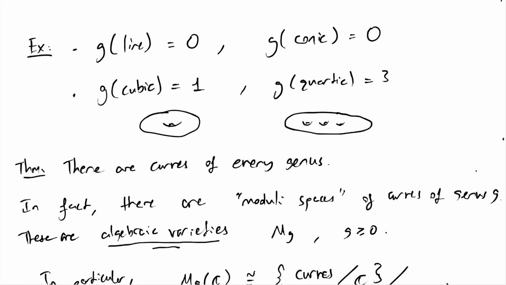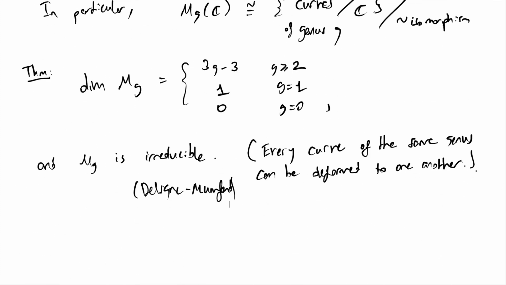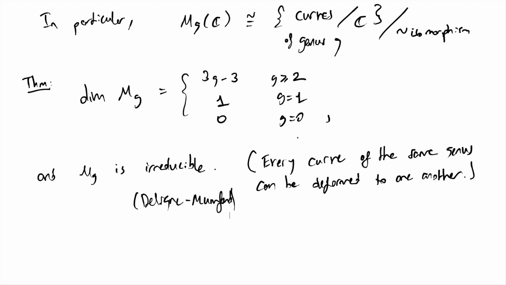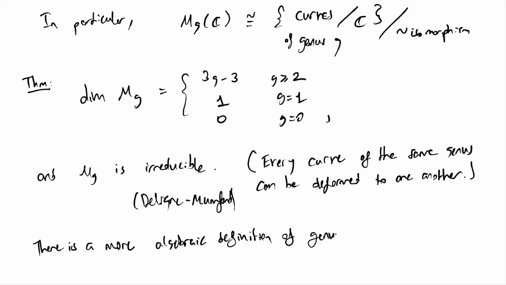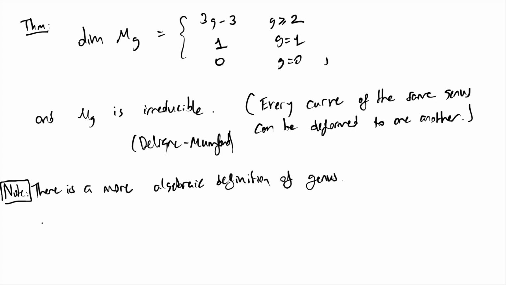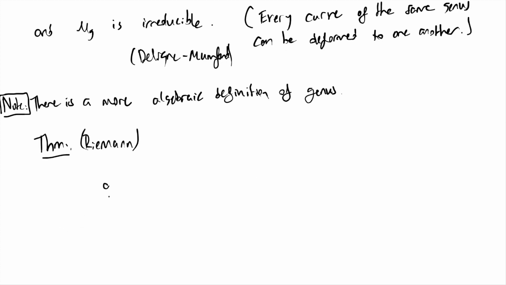And we can handle another issue where we've been talking about curves that are defined over fields that are embedded in complex numbers. In fact, no such restriction is necessary. Even your base field can have an arbitrary characteristic, so you can perhaps never go up to complex numbers. Nevertheless, you can define genus. So there's a more algebraic definition of genus, and this goes through a theorem due to Riemann that identifies the genus with the following.